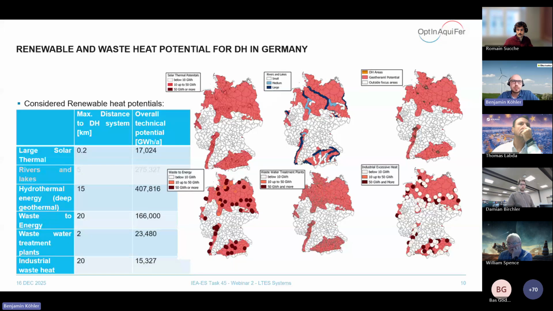The overall technical potential is rather high, especially for hydrothermal energy. But there are several uncertainties, especially for the deep geothermal potentials, so to speak. And one thing which has to be mentioned is, as I said, we defined maximum distances to the district heating systems.